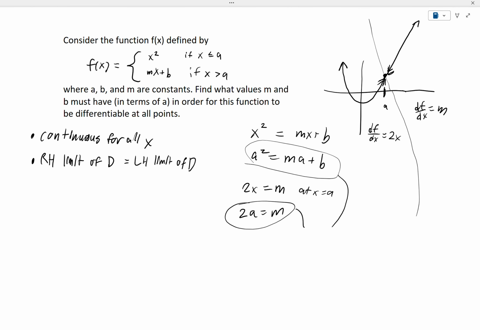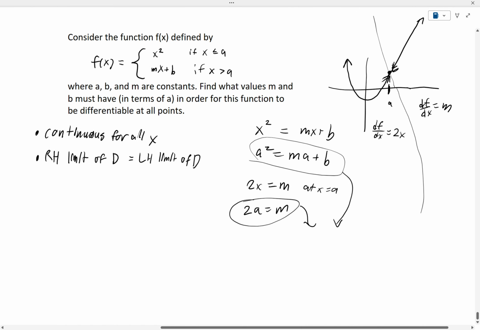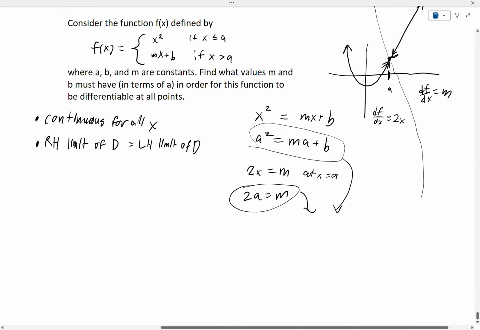Here are our two equations. We can now solve for m and b in terms of a. I'll solve for b first. I'm going to plug in 2a for m into this first equation. So a squared is equal to 2a squared plus b.